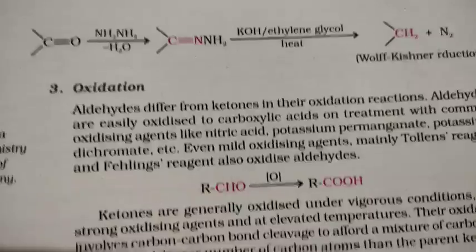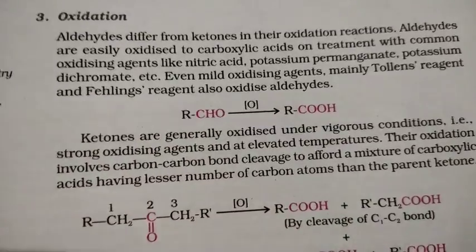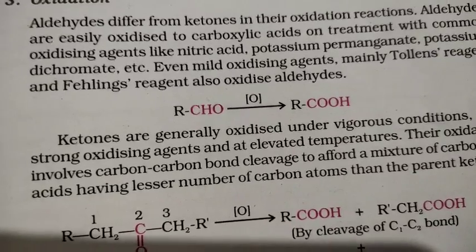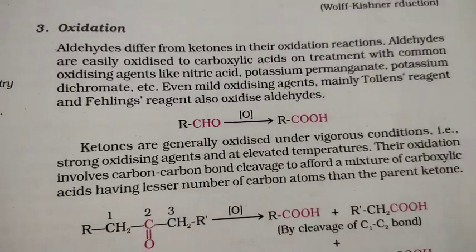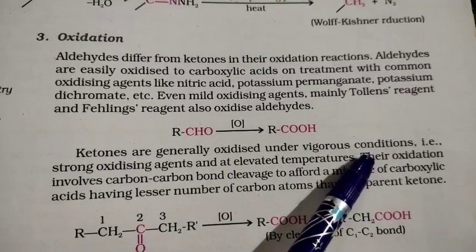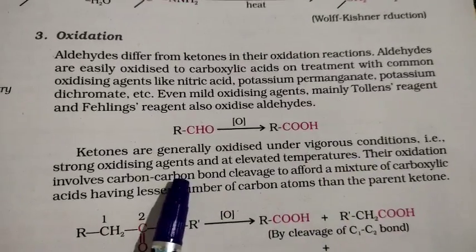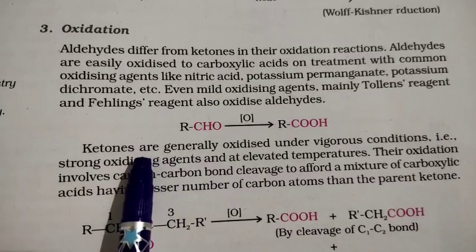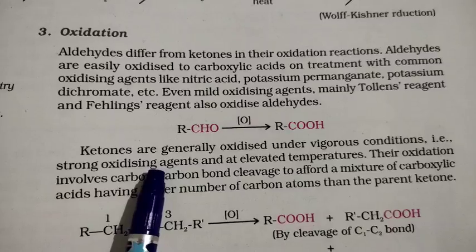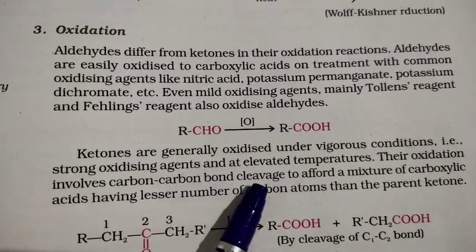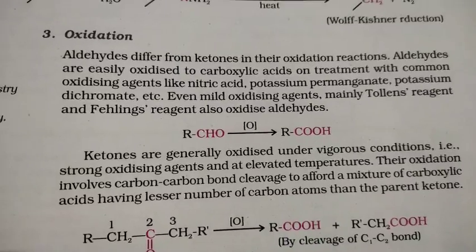Next, if we talk about oxidation, aldehydes and ketones both undergo oxidation, but for aldehydes it becomes easier, and for ketones you have to apply vigorous conditions in order that they undergo oxidation, and that can be done by using strong oxidizing agents and high temperatures.